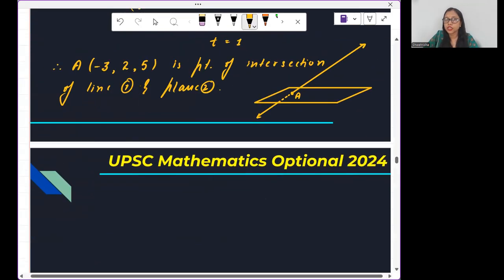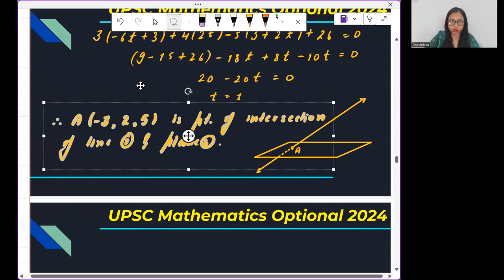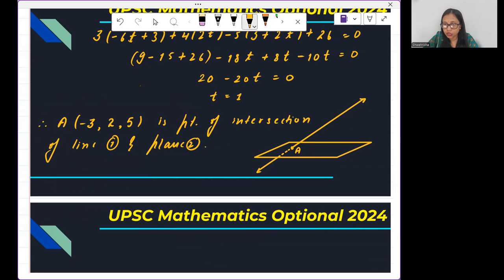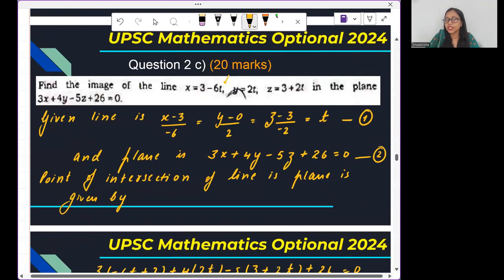Once I have that, how to find the projection? We have to take another point on the line, let it be B. Every point on the line is obtained by substituting t to be a real number. So if I substitute t other than 1, I'll get another point.